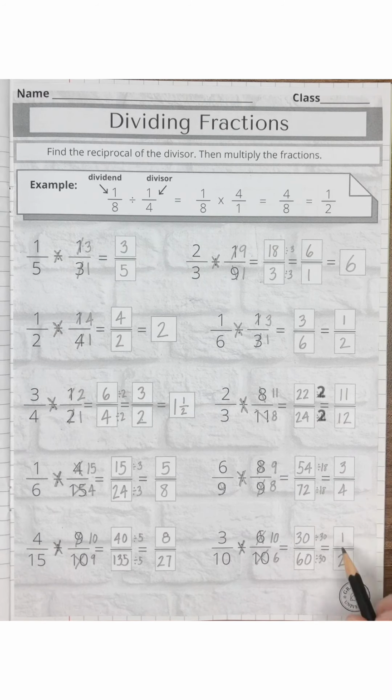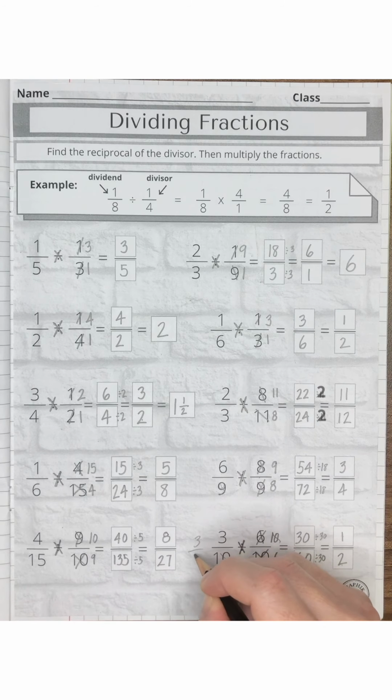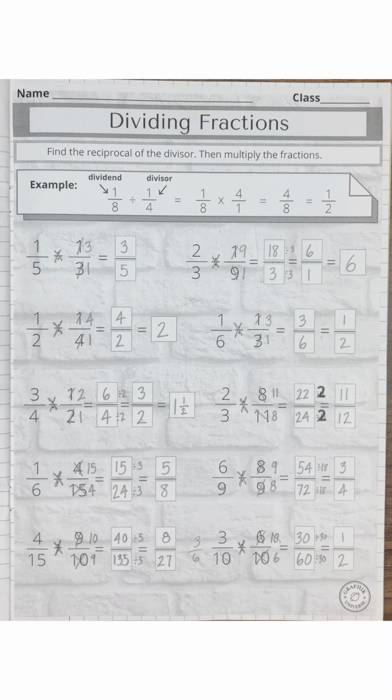When we simplified our fraction, for example, in the second one, we have 1/2. Well, if these numbers cancel out, 10 and 10, we get 3/6. 3/6, when simplified, is 1/2.